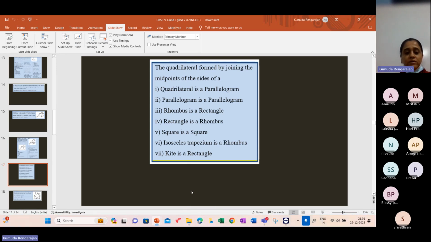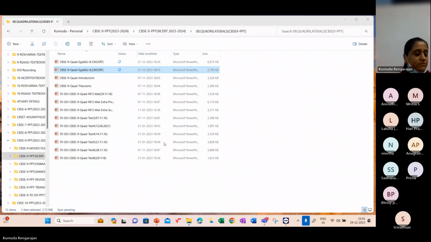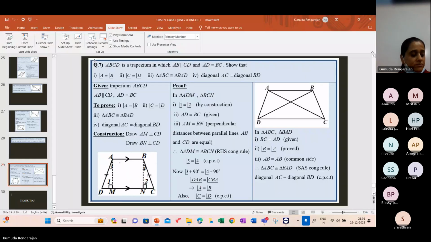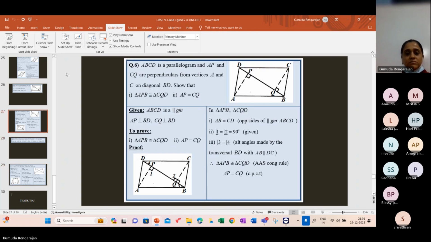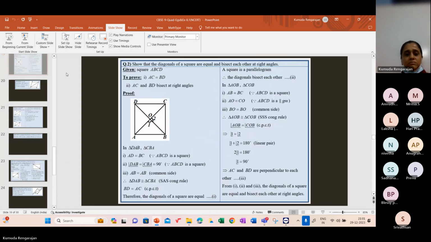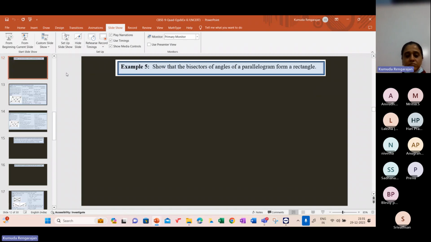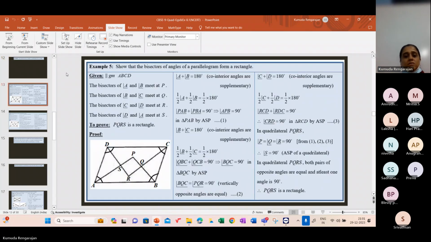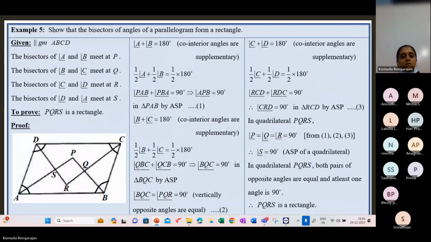In 8.1, example 5. Show that the bisectors of the angles of a parallelogram form a rectangle.